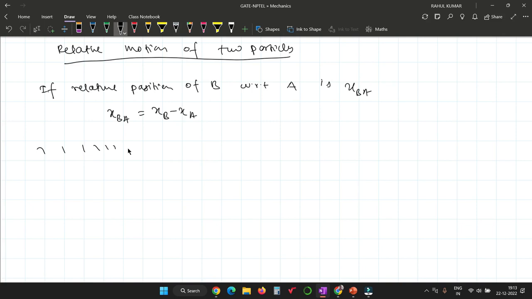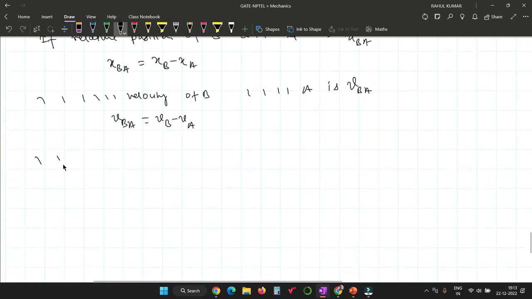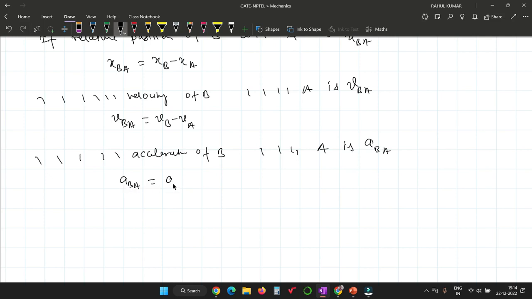Similarly, if the relative velocity of B with respect to A is VBA, then VBA can be written as VB minus VA. And the same, if the relative acceleration of B with respect to A is ABA, then ABA equals AB minus AA.